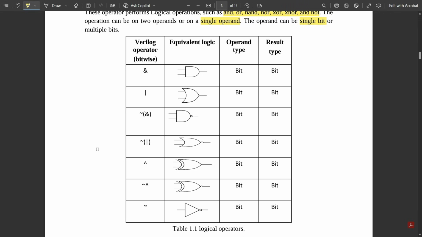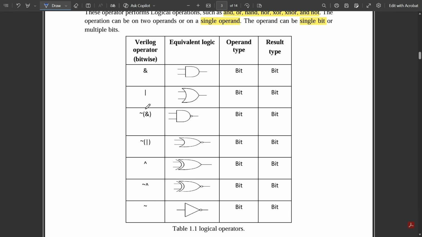So these are the Verilog operators and how each symbol is represented. You see here, you could check your keyboard. This symbol is the AND symbol, and it represents the equivalent logic AND gate. Okay, operand type and result type for all these logic gates are bits only. Then this is the symbol used to represent the OR gate. Negation and AND, that is NAND, is a combination of NOT gate as well as AND gate, right?